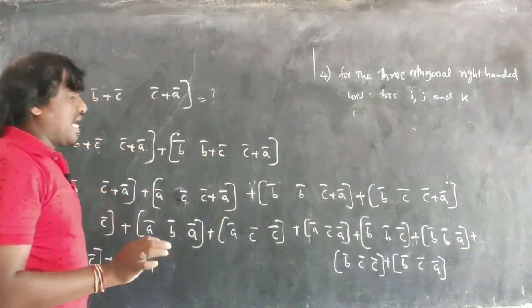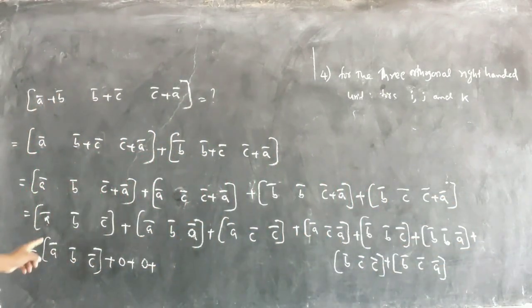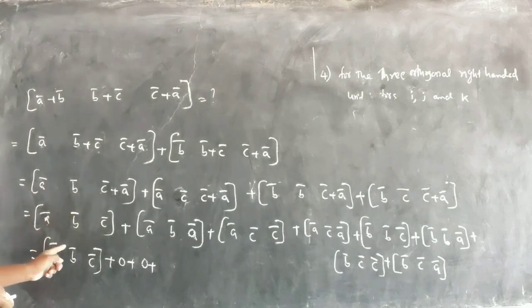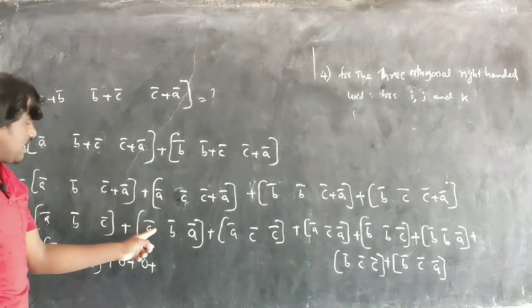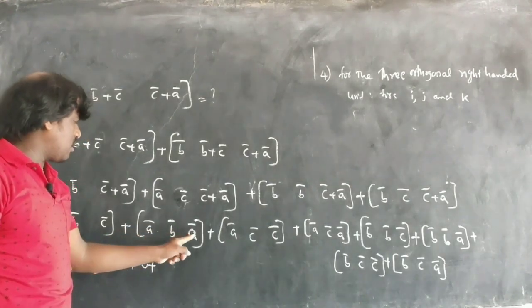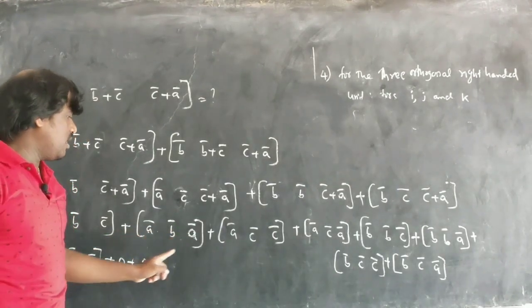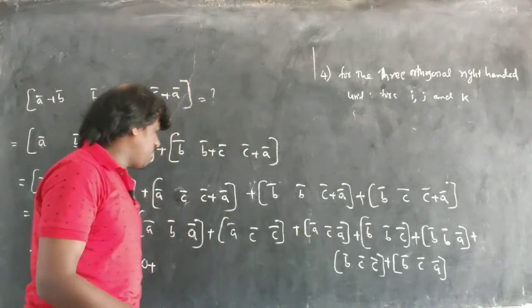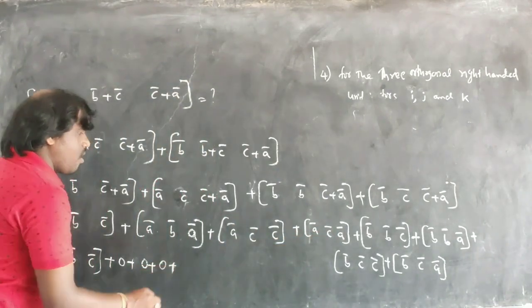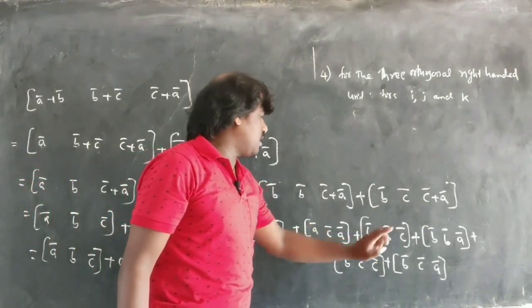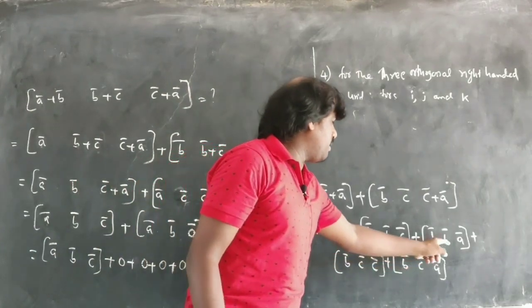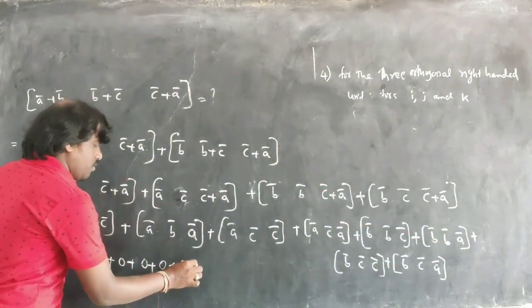Now you know, as I gave the properties, if they have the same vector, it becomes 0. Here there is no same vector: A vector, B vector, C vector. And here all are the same vector A, so 0. C same vector, 0. A same vector, 0. And you see here B C, that is 0 because two are the same. Here B A same, 0.